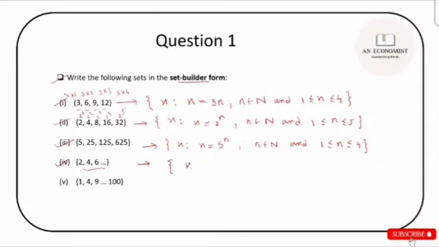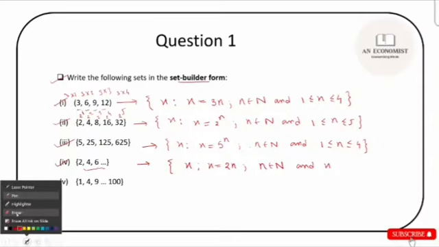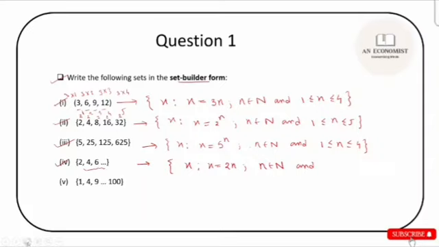So you can write it as x such that x is 2n, where n belongs to natural numbers and n can simply be written as greater than equals to 1, right? If you put 1 it will be 2, if you put 2 it will be 4, and so on and so forth. So this set will have infinite elements.